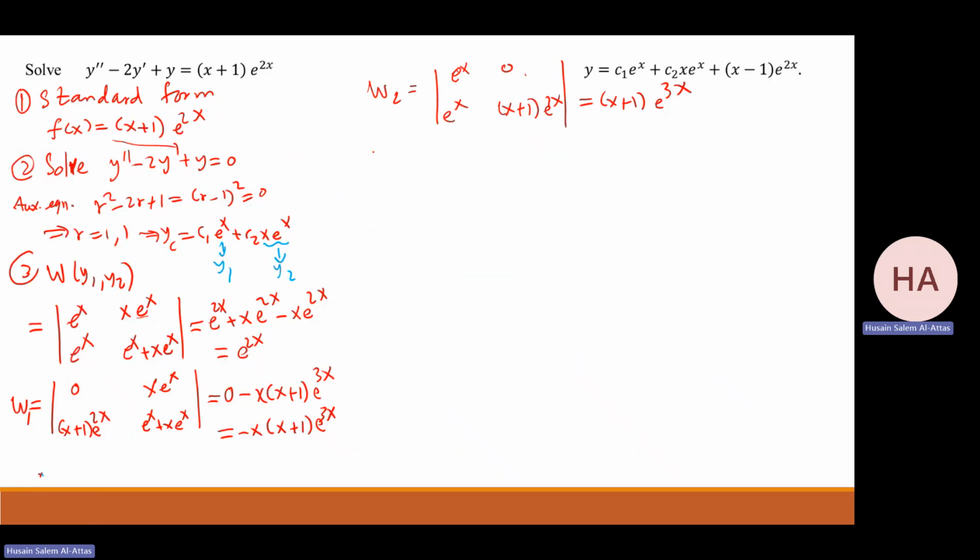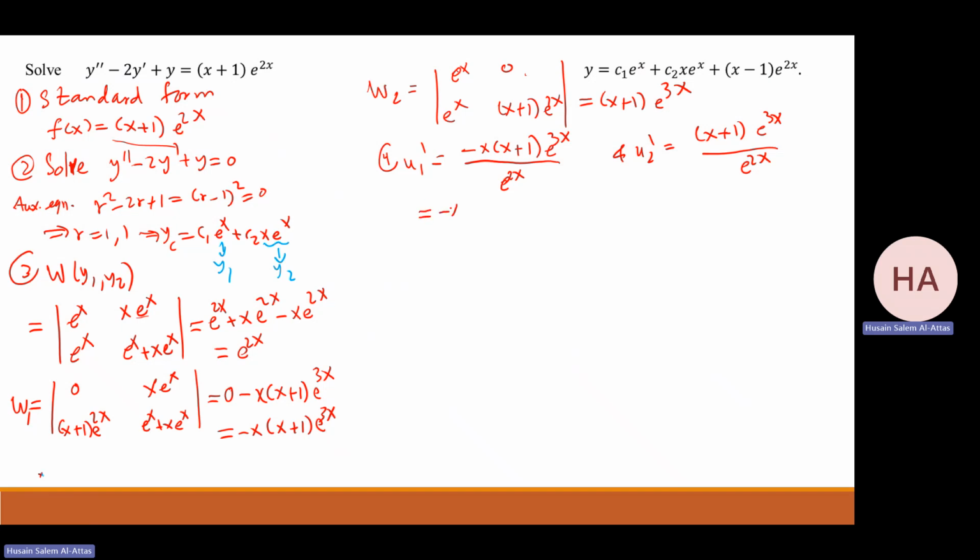Okay. Fourth one, u1 prime will be W1 over W. I have minus x plus 1 e to the power 3x. W, what is W? e to the power 2x. And u2 prime is x plus 1 e to the power 3x over e to the 2x.